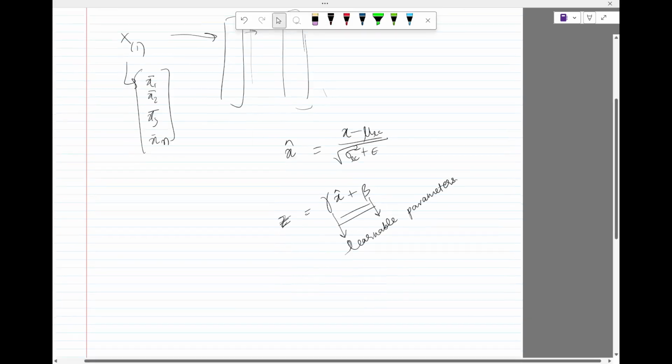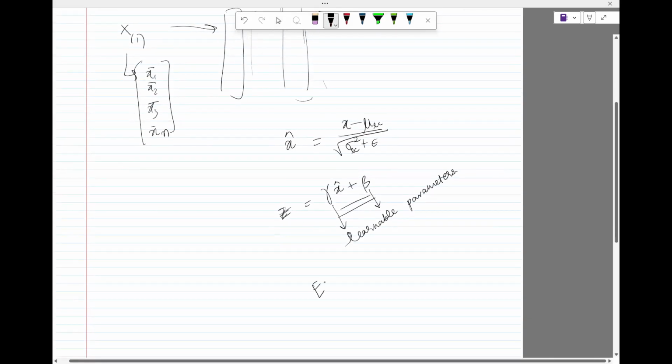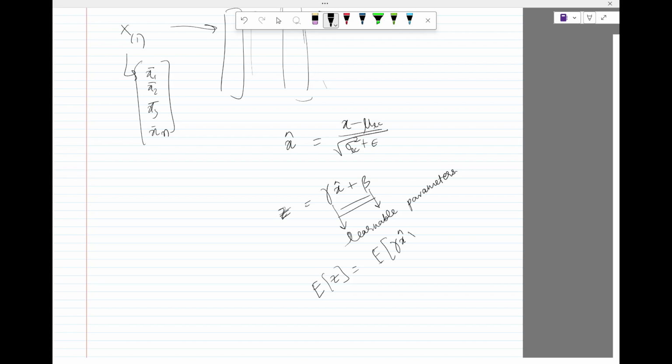right? Like the mean of this will be the expected value of gamma x bar plus beta, which is gamma times the expected value of x bar plus beta. Now you know x bar has 0 mean because you standard normalized it.